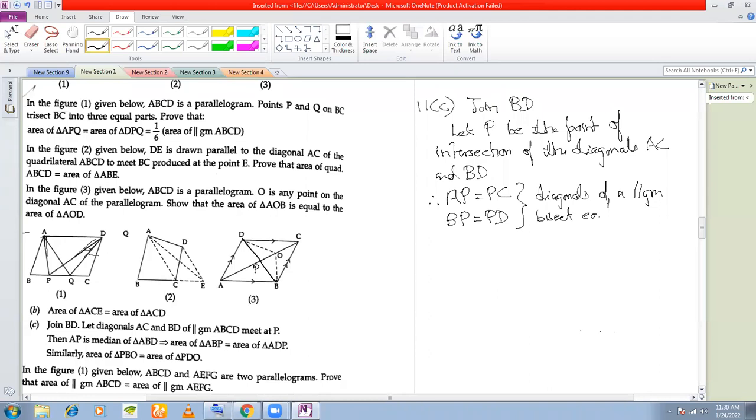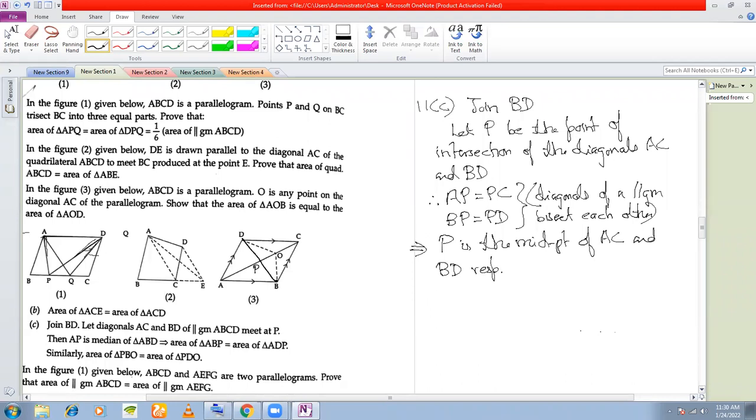Yes, sir. So diagonals of a parallelogram bisect each other. That means what can I say? P is the midpoint of AC and P is also the midpoint of BD, right? Can I say P is the midpoint of AC and BD?